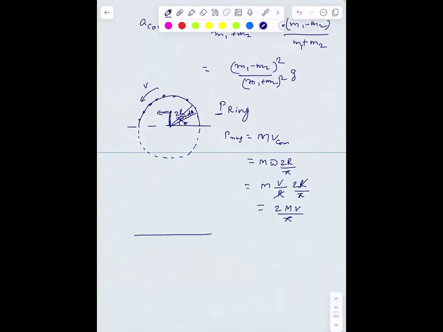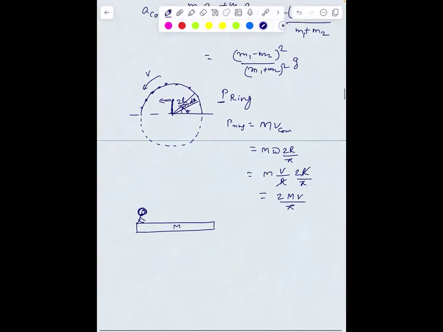Just listen very carefully. This is a plank of mass capital M, and a boy standing at this end of the plank started moving. The plank is not moving, the boy started moving and reaches the other end of the plank.